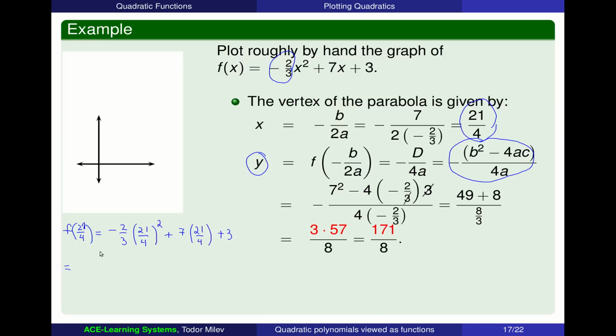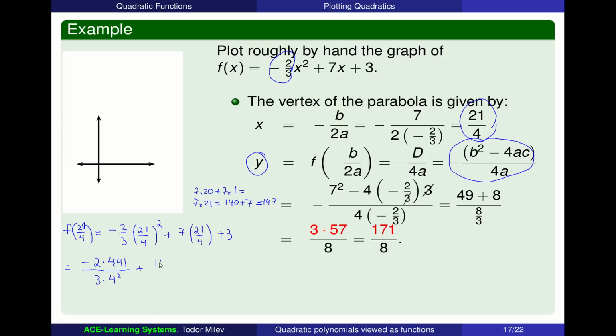So that gives me, let's see, negative 2 times 21 squared. I happen to have memorized that that's 441. Of course, you can compute it on the side. Divided by 3 times 4 squared. Plus 7 times 21. Now 7 times 21 equals 140 plus 7, right, because that's 7 times 20 plus 7 times 1, which is 140 plus 7, which is 147.